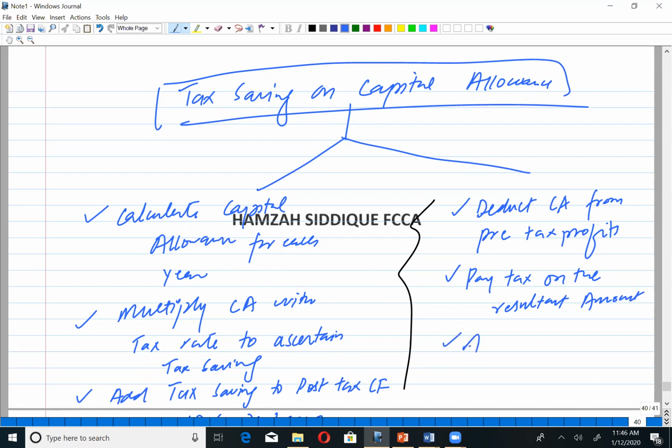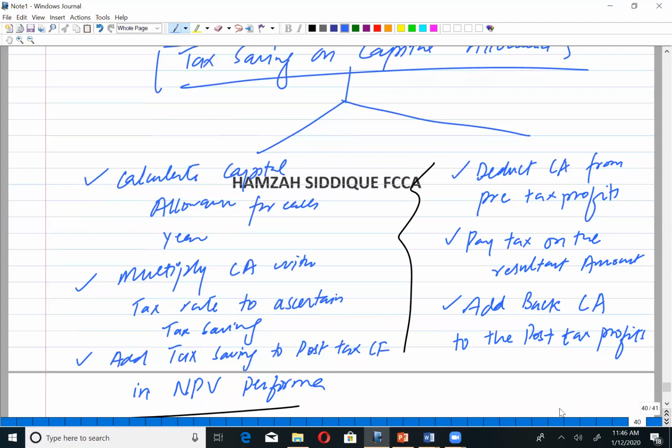And then add back capital allowance to the post-tax profits. Add back. So this is the second way to incorporate. I will solve an example over it as well. Note it down, then I will solve an example over it as well.